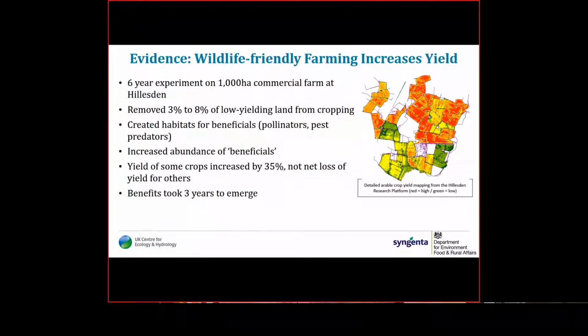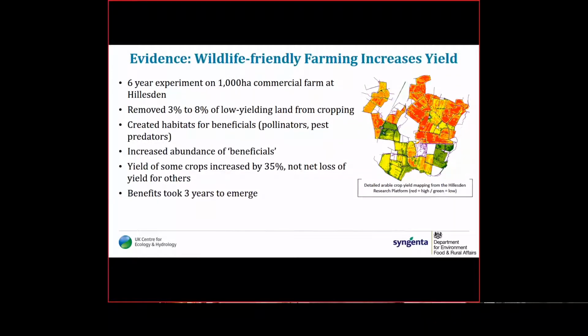But we also found that after 3 years, we did get an increase in the yield of some crops of up to 35%, particularly insect pollinated crops, and no net loss in the other crops. This is taking account of the land you've taken out of production.